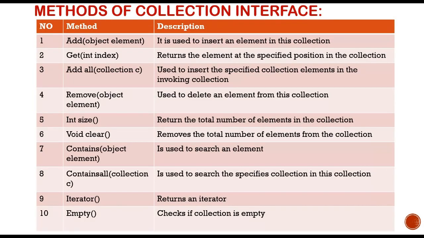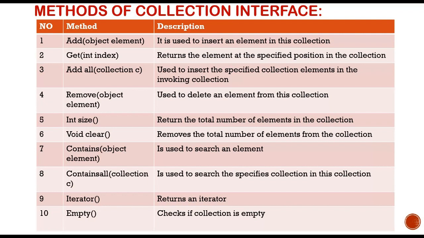These are the methods of a collection interface. There are multiple collection methods in this. At first we have add. It is used to insert an element into the collection.